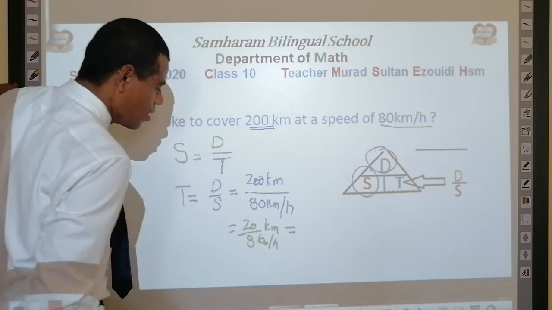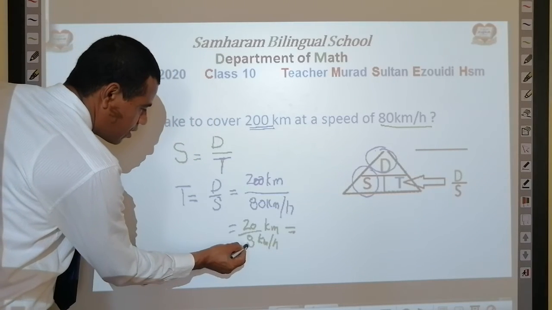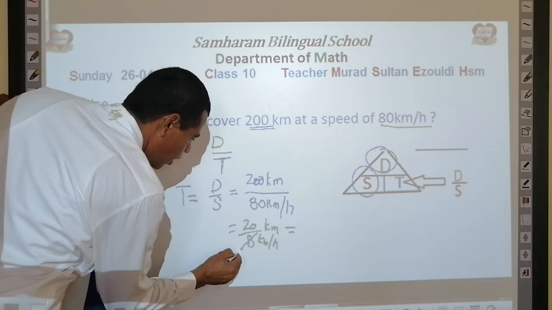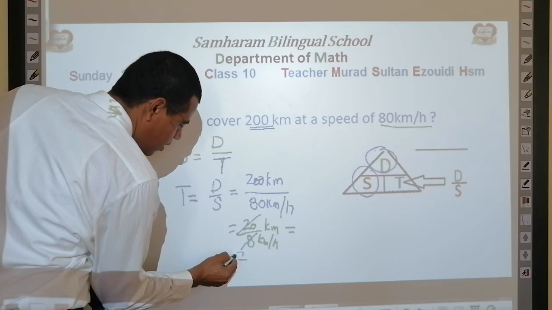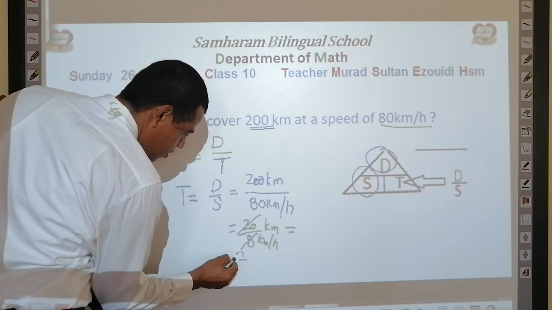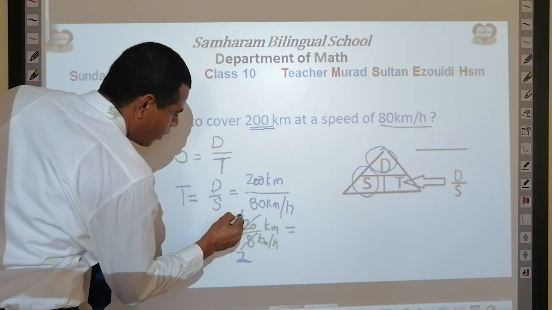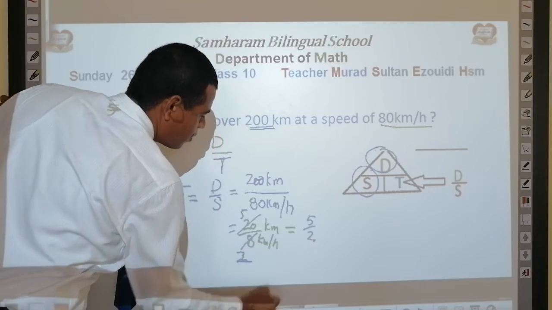Okay, this one, my learners, how many 4s goes into 8? How many 4s? 2. Okay. How many 4s goes into 20? Is 5. Okay. So it will be 5 divided by 2.